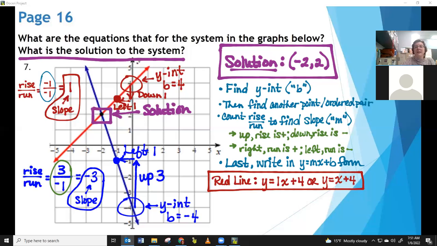Beautiful. In the chat, please type in the equation for the blue line. Write it in y equals mx plus b form.